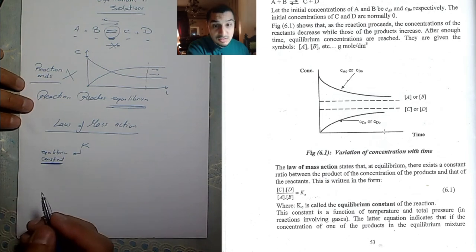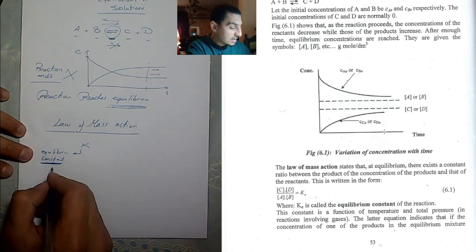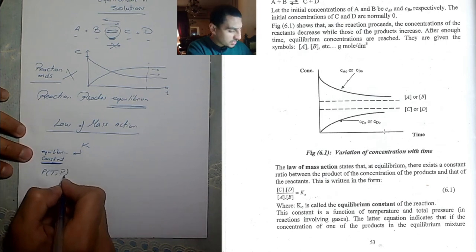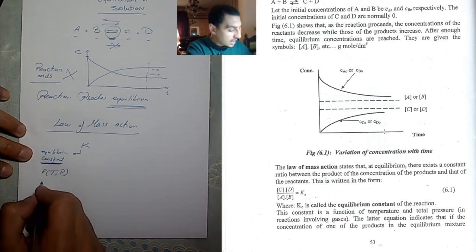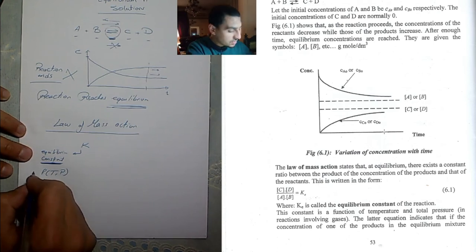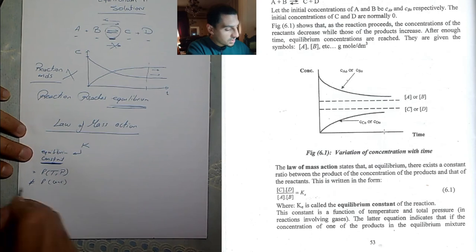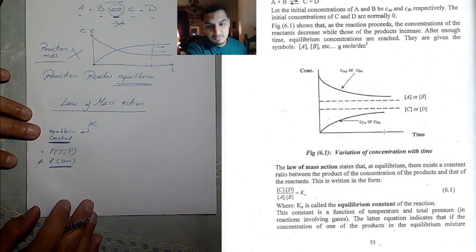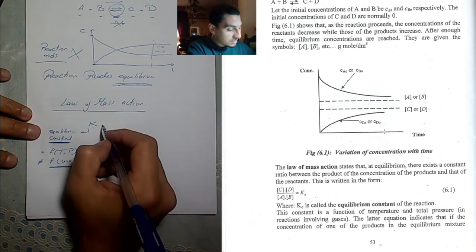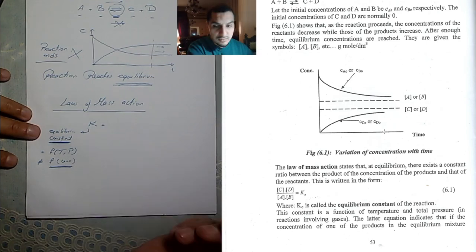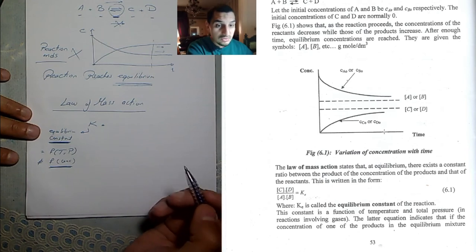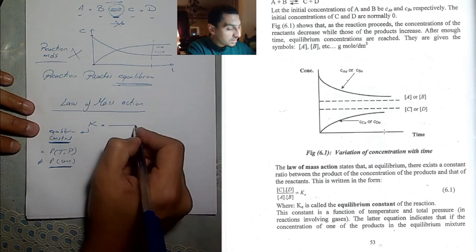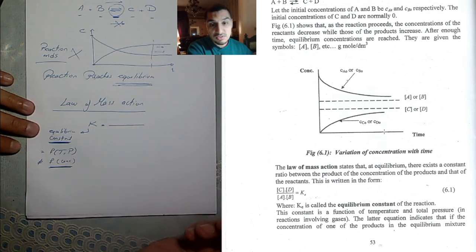It's a constant, which means that it is a fixed value. It's a function of temperature and pressure, mainly temperature and pressure, and it is not a function of concentrations. This is important, and I'll come back to this in a minute. It is specific to this reaction or process, and it gives a relation between the concentrations of the products and the concentrations of the reactants.